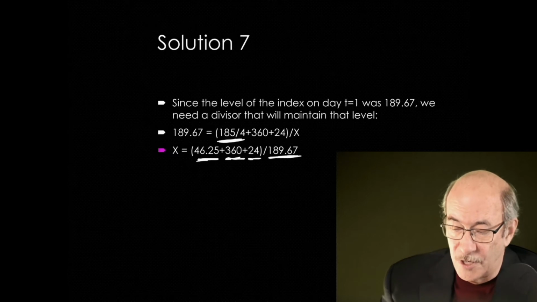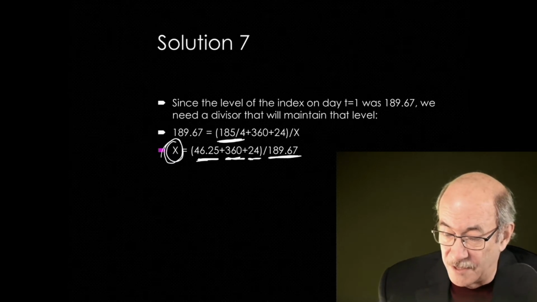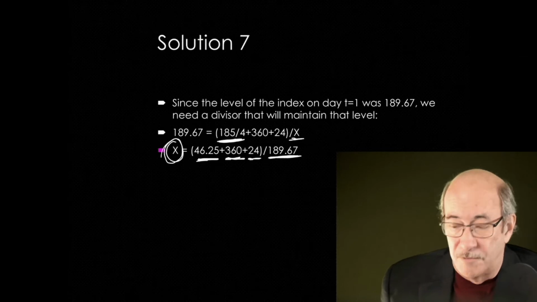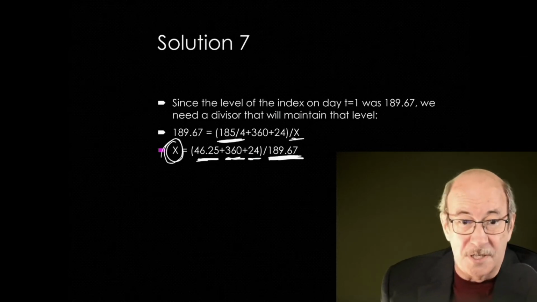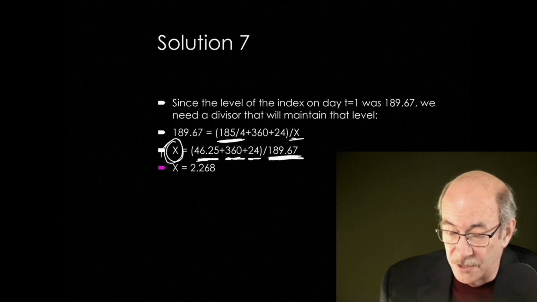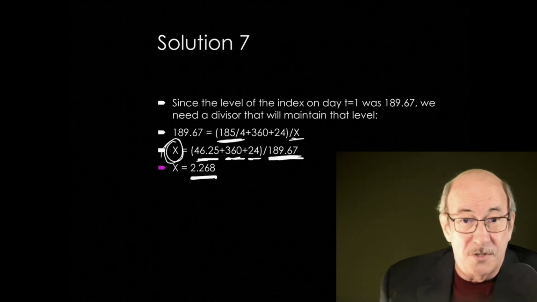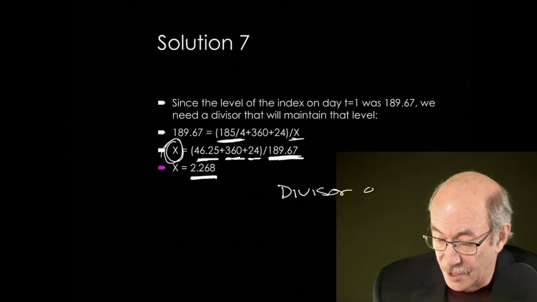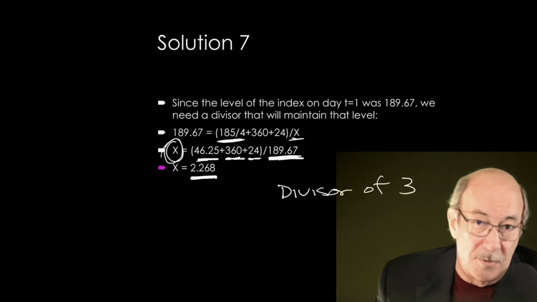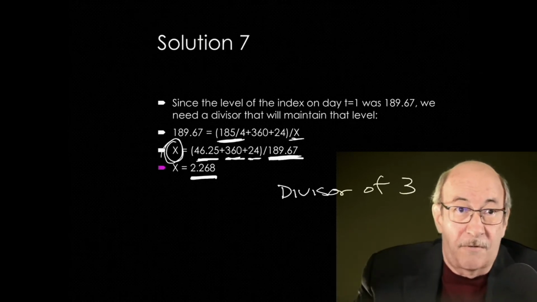So what we're looking for is what is that divisor right here that will leave the value of the index at 189.67, and the answer is 2.268. Remember, we started off with a divisor of 3. We picked 3 just randomly because there are 3 stocks.